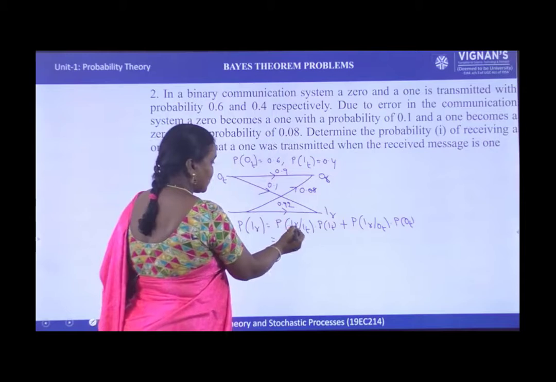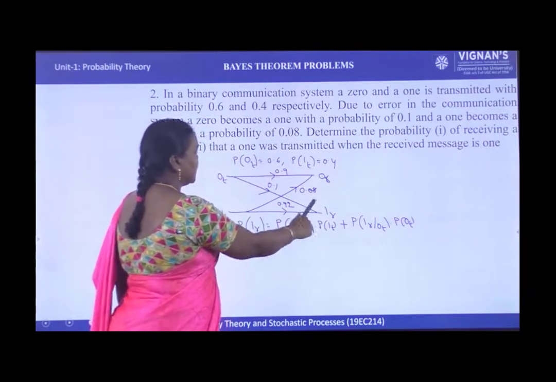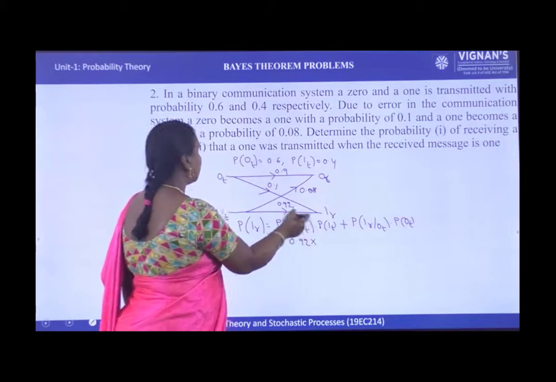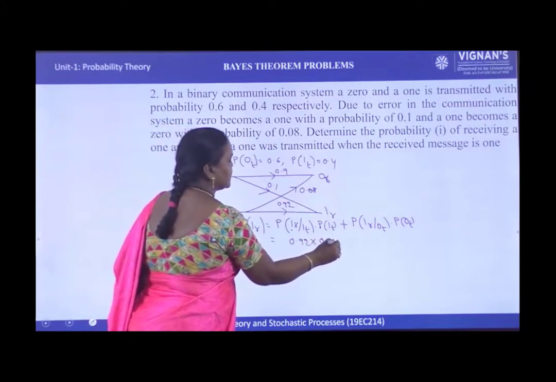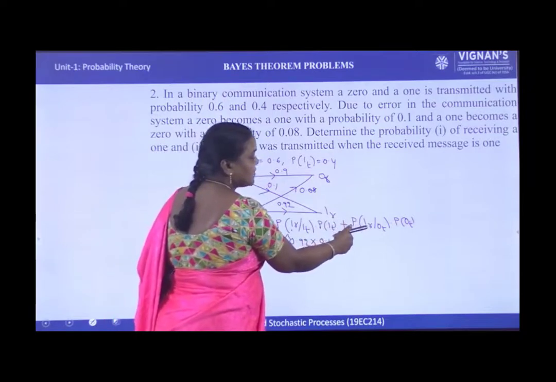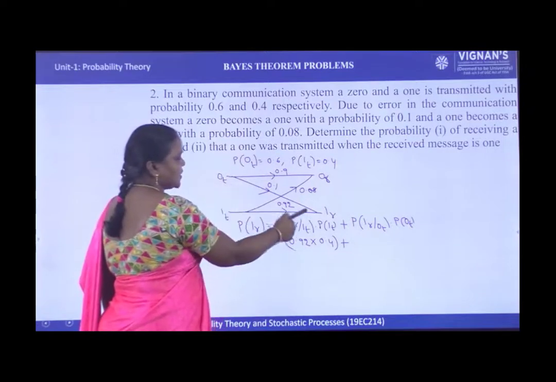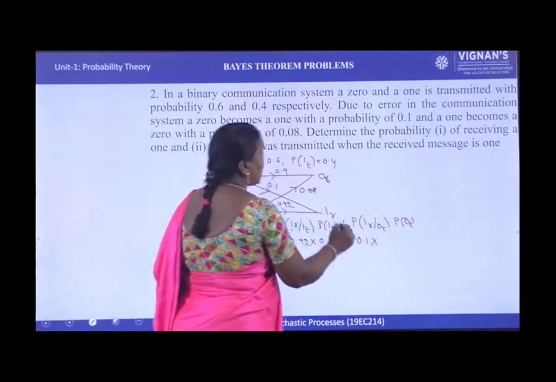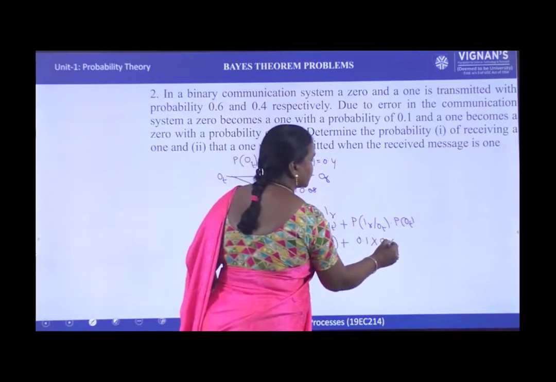And what is this? 1 receiving when 1 transmitted. This probability is 0.92 into what is the probability of transmitting 1? 0.4, plus what is the probability of receiving 1 when 0 is transmitted? 0 transmitted, receiving 1 means it is 0.1, into what is the probability of transmitting 0? 0.6.